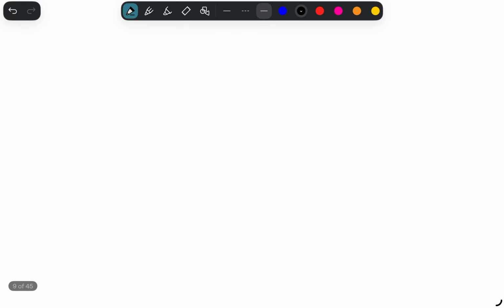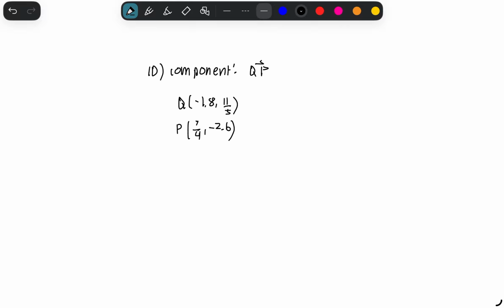Now, let's say that we want to find the component form of vector QP if we have a point Q (negative 1.8, 11/5), and we have point P (7/4, negative 2.6). Again, x2 minus x1, y2 minus y1.